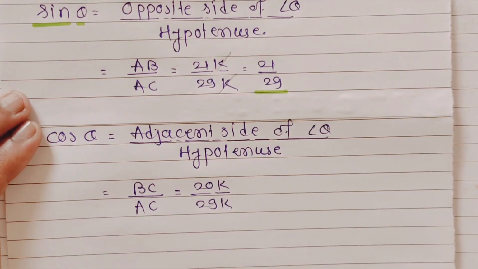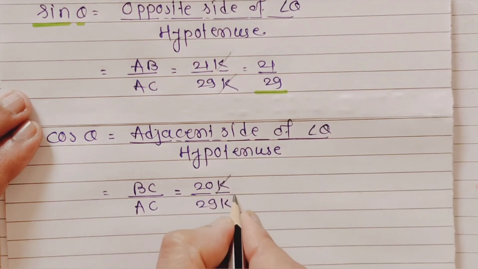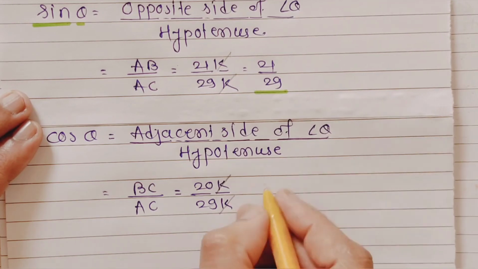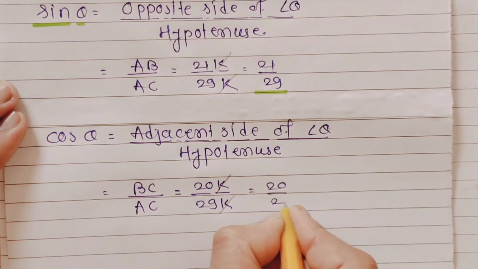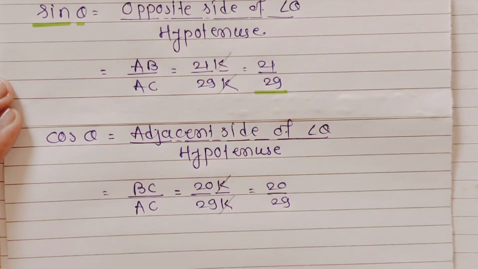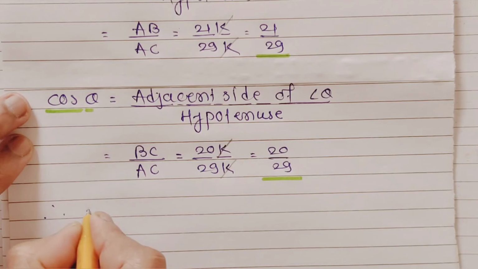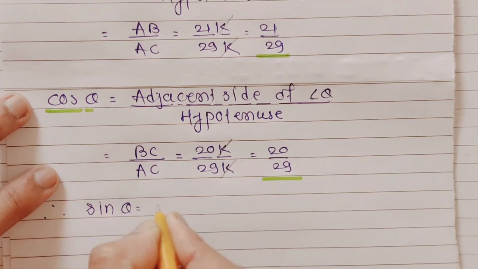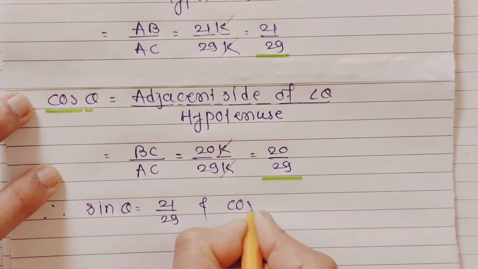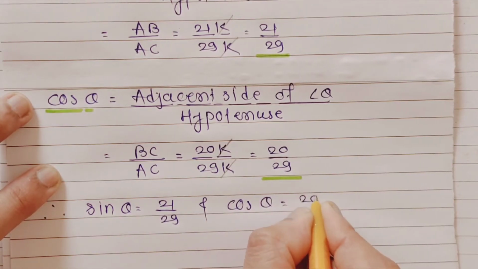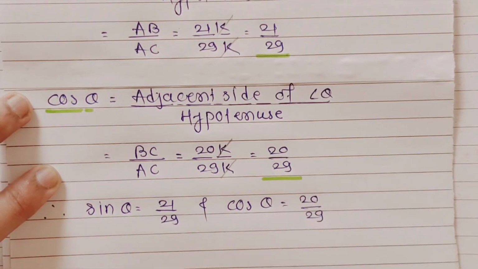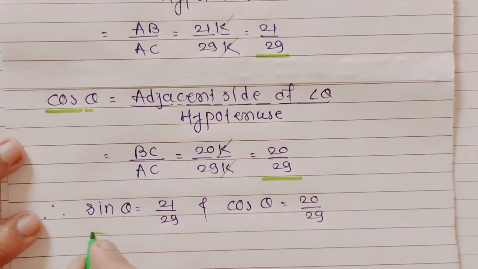Is it clear? So k cancels k, remaining 20 upon 29. Therefore sin theta is equal to 21 upon 29 and cos theta is equal to 20 upon 29. It is our answer.